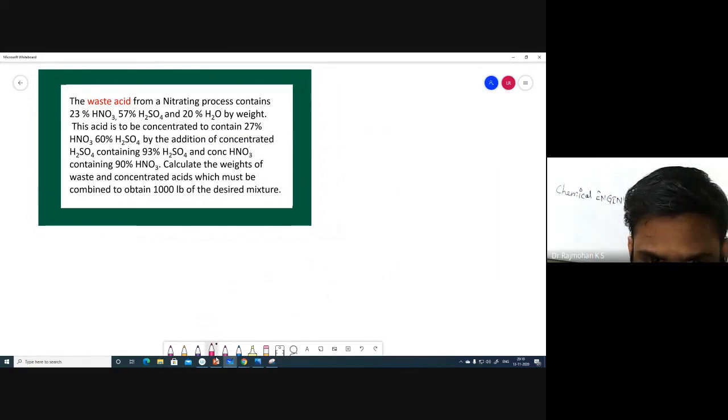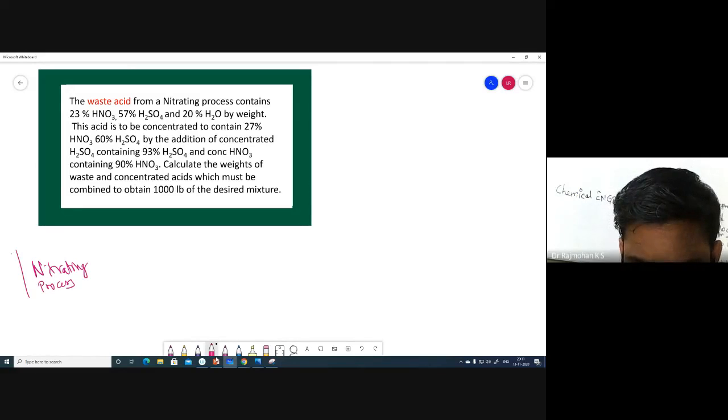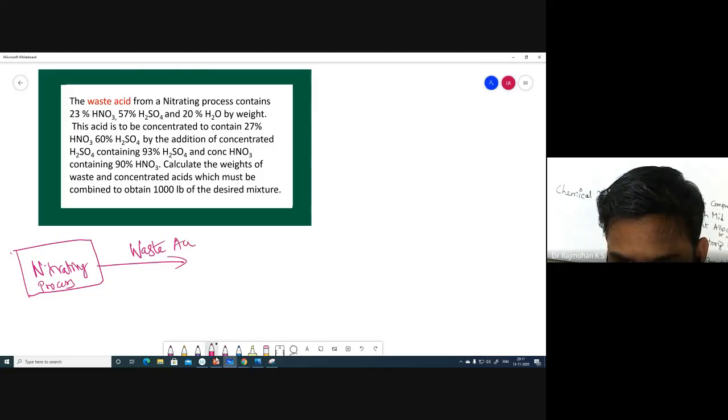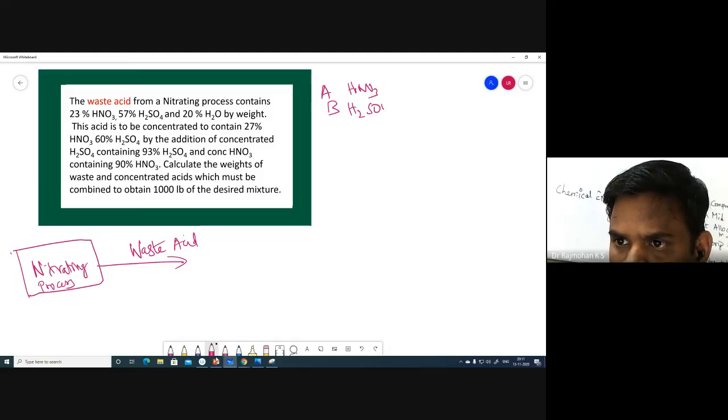We have somewhere a nitrating plant, a nitrating process. It has nothing to do with us. From this we are getting a waste acid, which contains, let me say, A, B, C. A is HNO3, B is H2SO4, C is water. So we have waste acid coming from the plant.